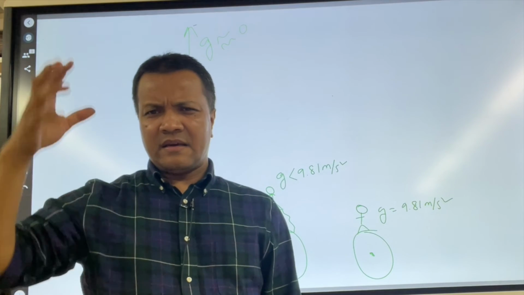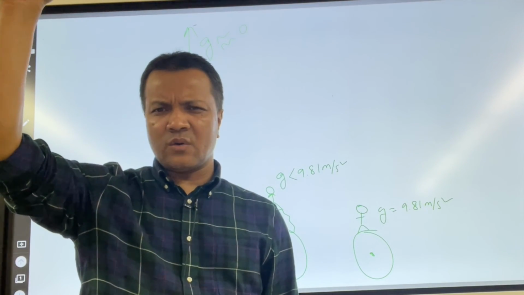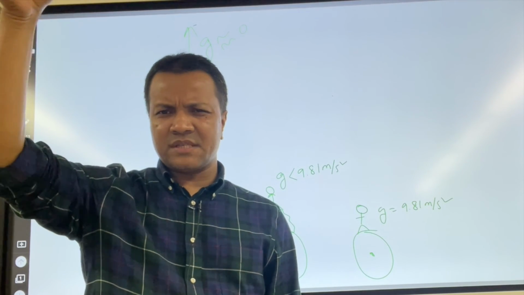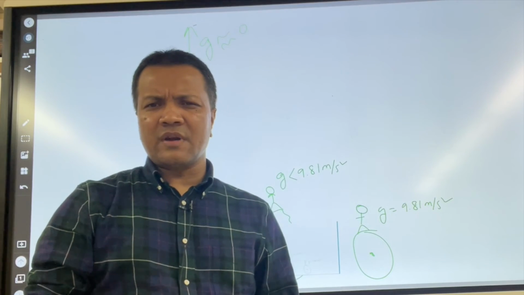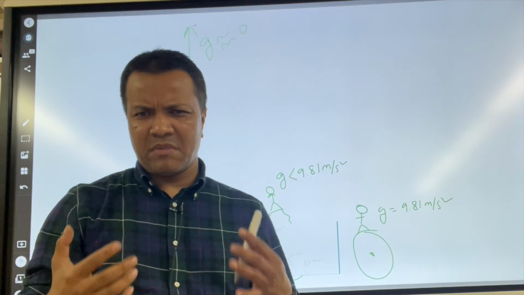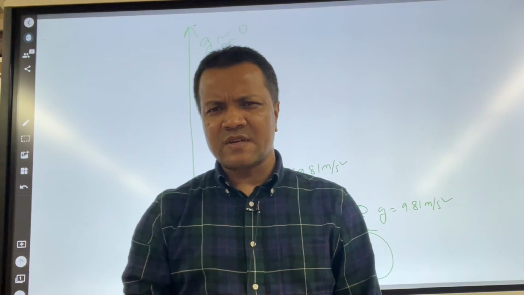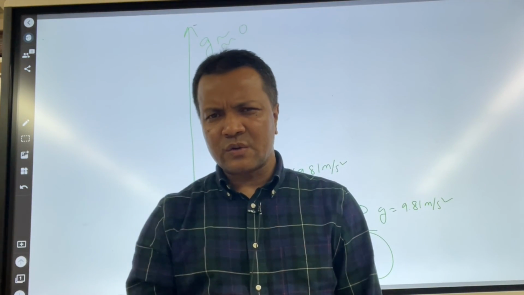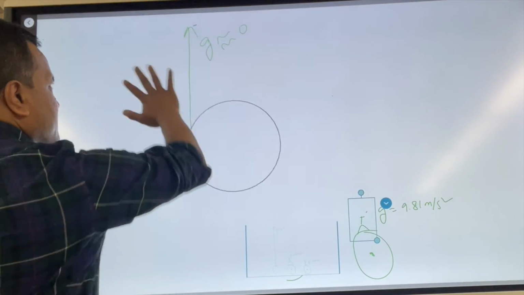We want to see what would be the acceleration due to gravity on a satellite that is 100 million meters away from the center of the Earth. The acceleration due to gravity is always measured from the center of the Earth. Why is that? Because the Earth's center pulls everything to its center. Okay.